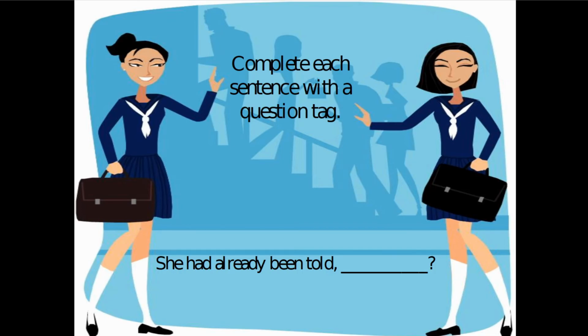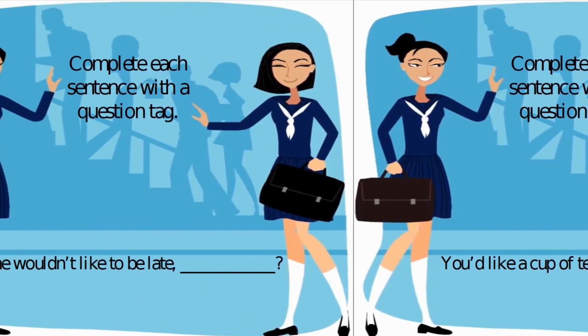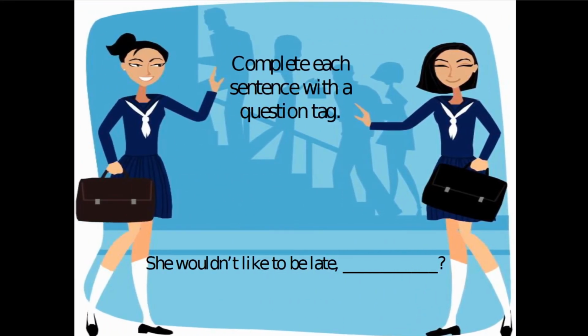She had already been told, hadn't she? You'd like a cup of tea. You'd like a cup of tea, wouldn't you? She wouldn't like to be late. She wouldn't like to be late, would she?